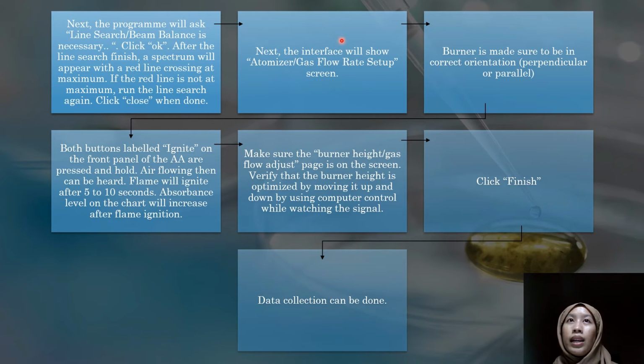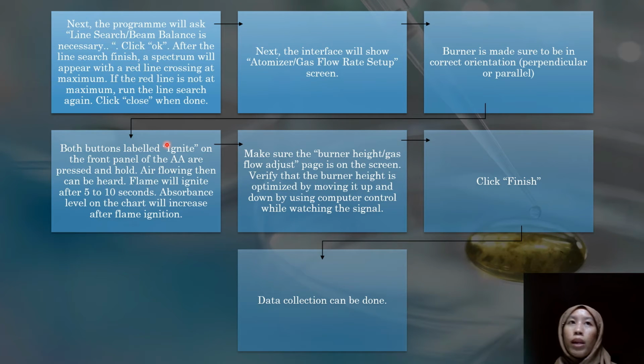And then you will see another pop-up screen which shows the atomizer or gas flow rate setup screen. Next, you will have to make sure that the burner is in the correct orientation, which is perpendicular or parallel. Next, before you can proceed with the experiment, you will see two buttons labeled ignite on the front panel of the instrument.